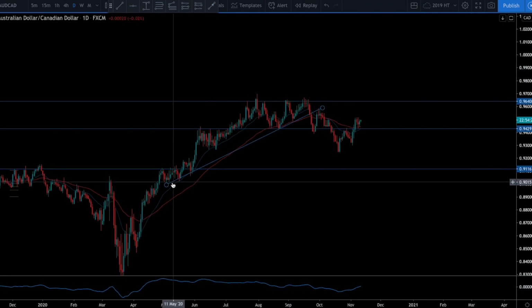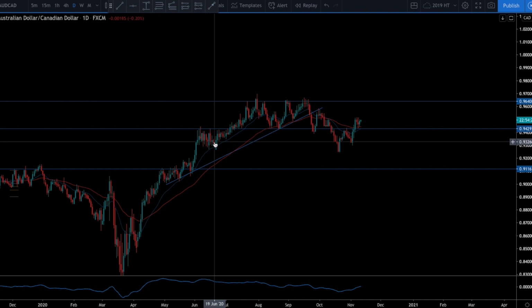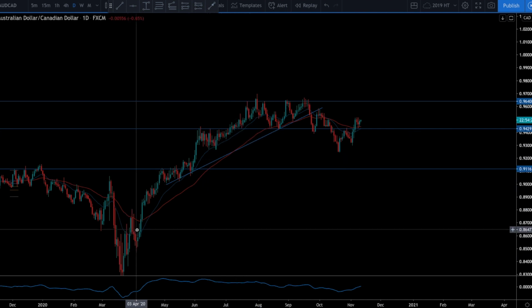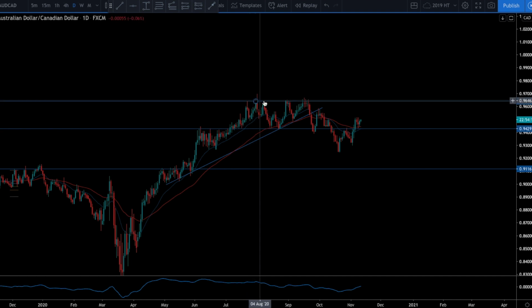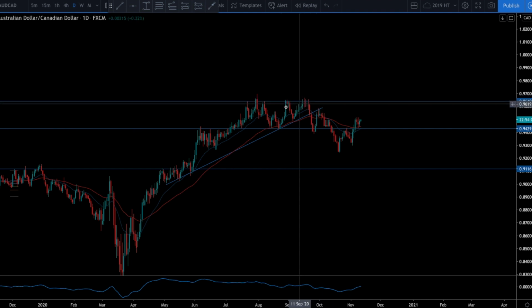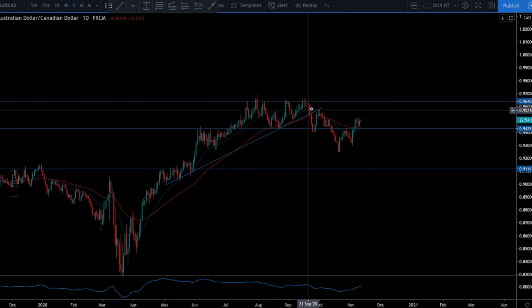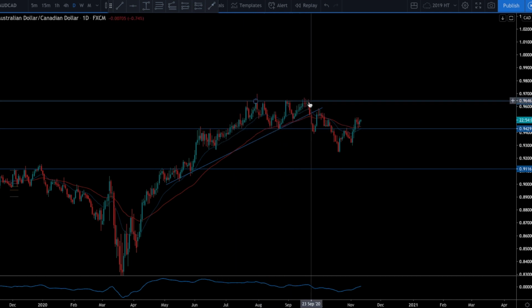You can see it had been trending up for some time, forming higher lows and higher highs, and it had come up here and it was failing to break this 0.964 line and forming a small triangle.